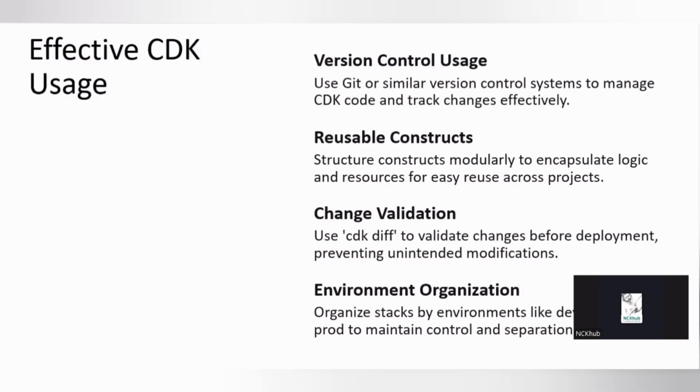To understand more about this, we will look at best practices: how to use CDK effectively. We have to manage a version control system to have proper coding with the latest versions, with Git, and we have to use and manage reusable constructs.